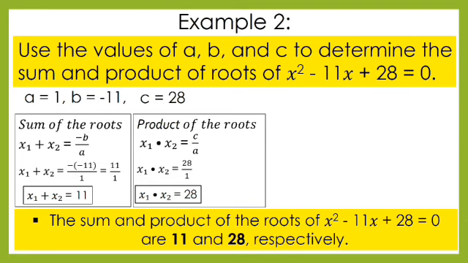Therefore, the sum and product of the roots of x squared minus 11x plus 28 equals 0 are 11 and 28 respectively. To check if the answers are correct, let's find the roots of x squared minus 11x plus 28 equals 0.